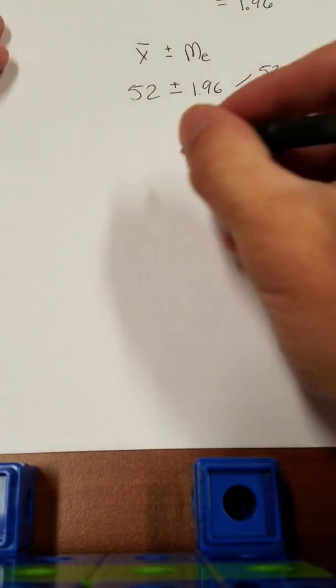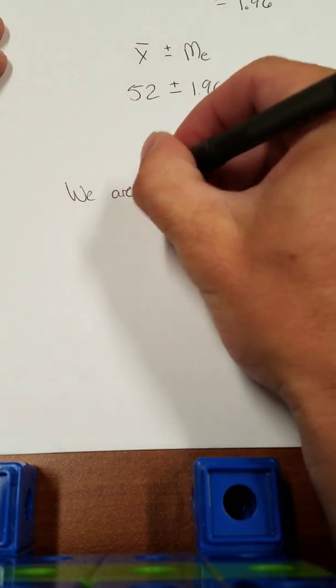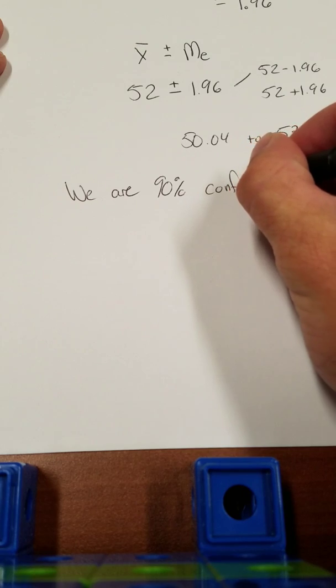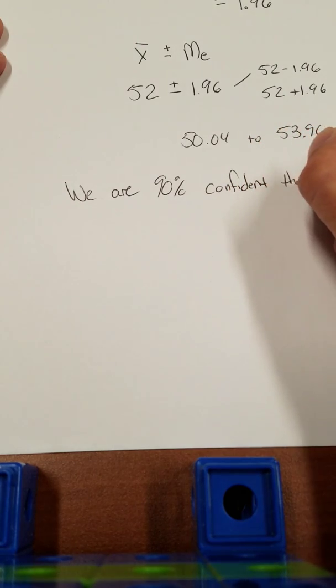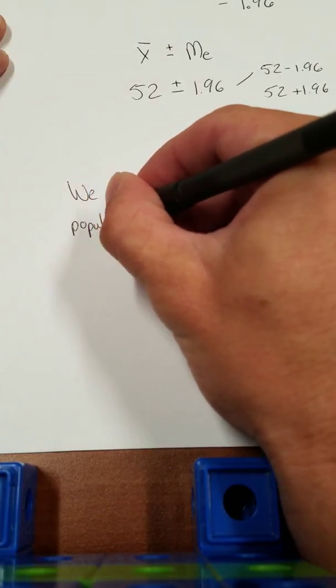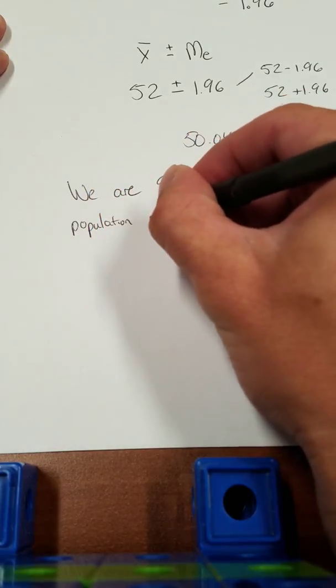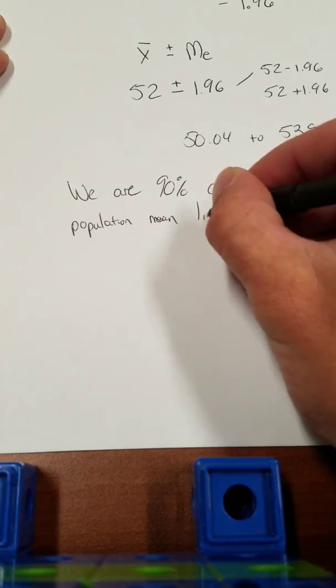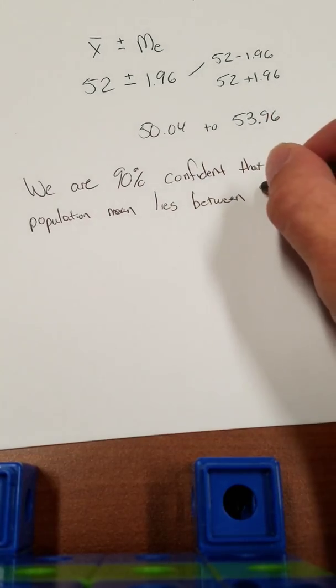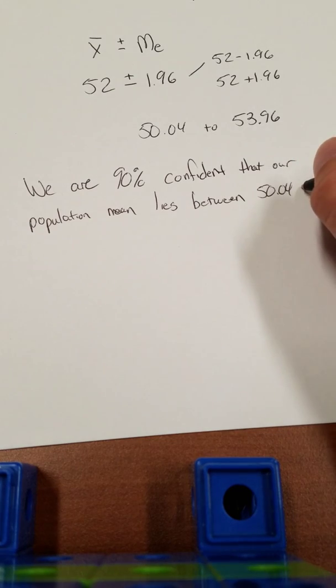Now we need to write our answer. We are 90% confident that our population mean lies between 50.04 and 53.96.